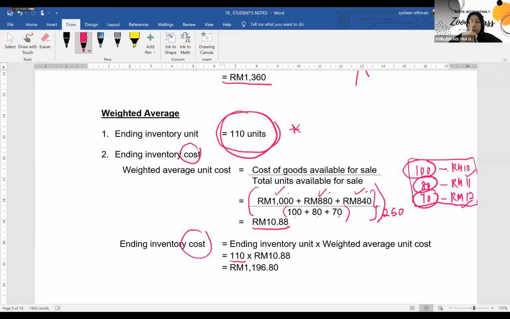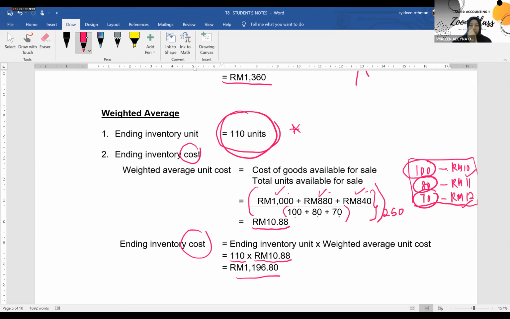Okay, so cost untuk satu unit barang, saya tak perlu susun ikut tarikh lah. Sebab yang ini dia campur dan dia jual terus, purata. So tak kira lah you ambil baru ke, you ambil yang lama pun, harga cost dia tetap sama. So kita tak kisah dia ambil bila punya stok, nilai dia tetap pada harga RM10.88. So that's how you get the ending inventory cost of RM1,196.80. Okay, so that is for your weighted average.